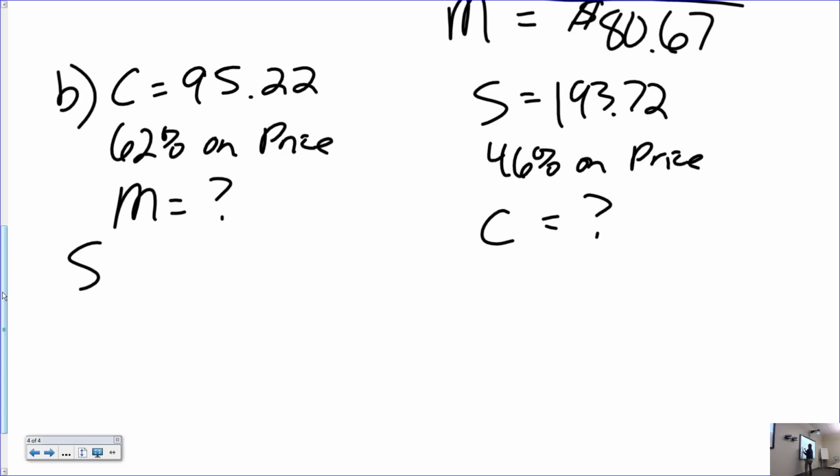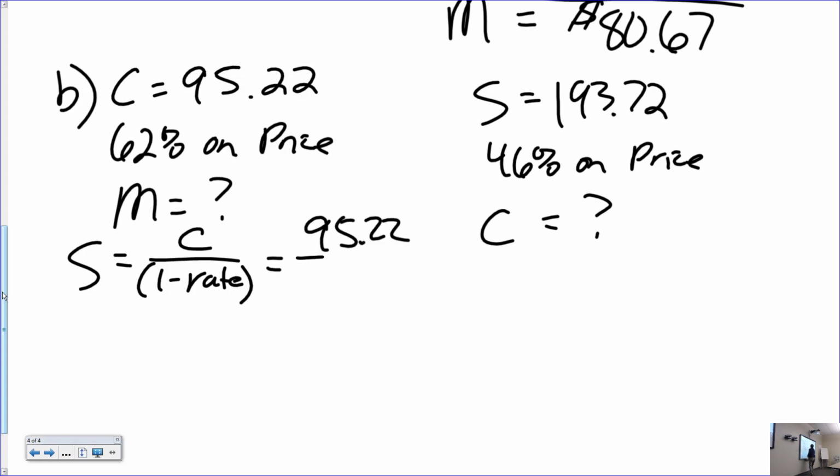So here, when you're given the cost and looking for the selling price, when you mark up on price, here's the formula for finding the selling price from cost. When you're marking up on price, so you got a 95.22 all over 1 minus 0.62.